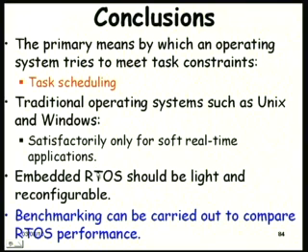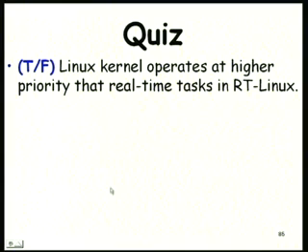Then we saw various types of real time operating systems, and we also mentioned operating systems required for embedded applications. And then we discussed how to compare the performance of real time computers and operating systems through benchmarking. Now, we will look at a few quiz questions before we proceed to the next topic.